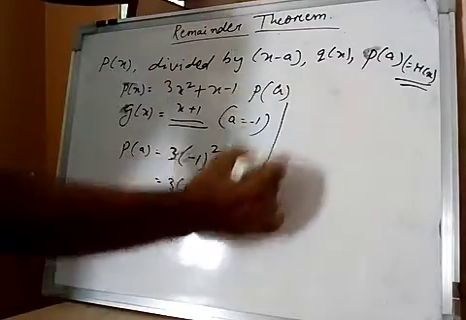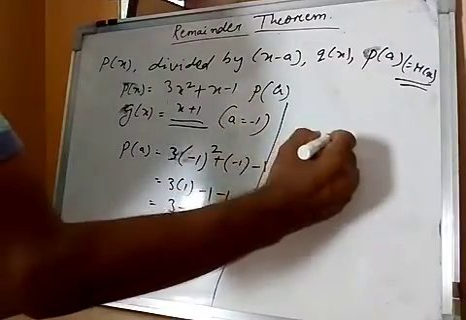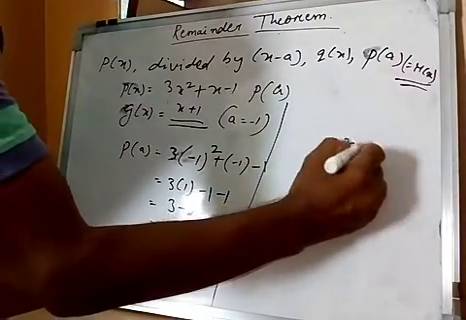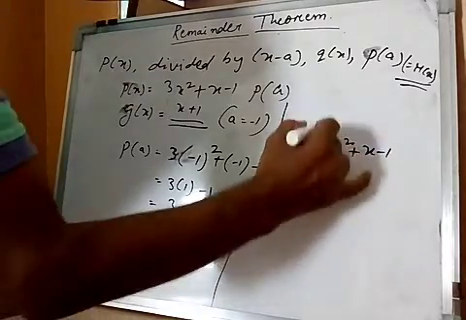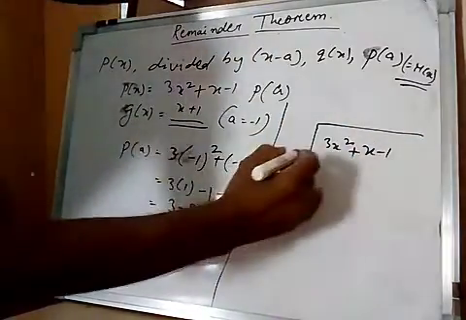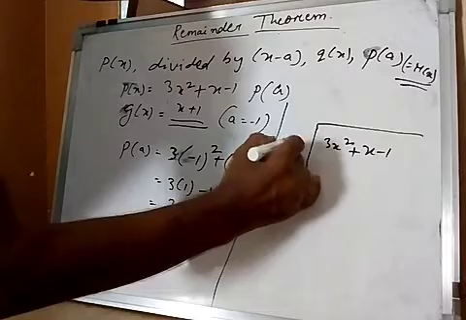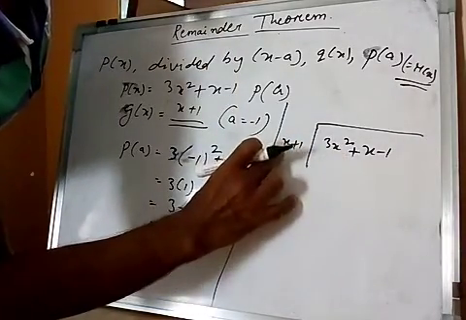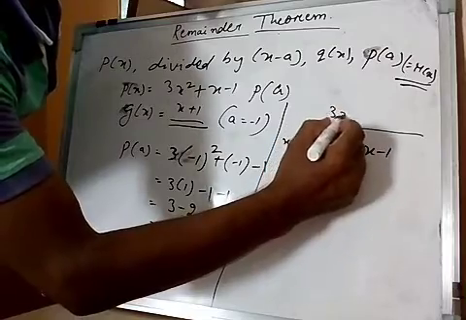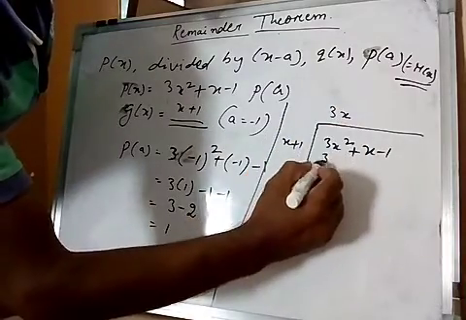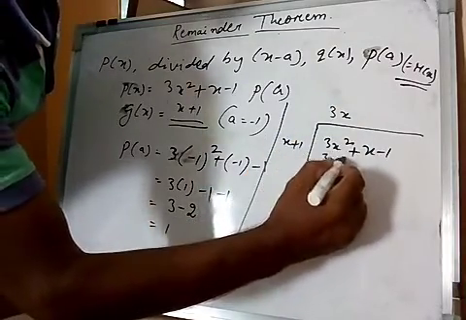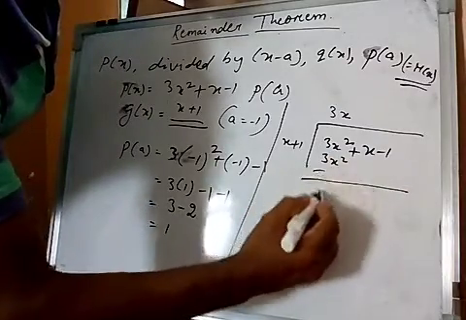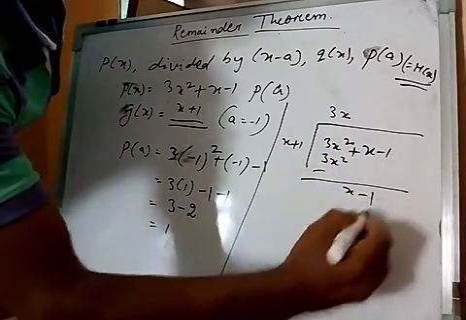If we divide this whole polynomial 3x square plus x minus 1 by x plus 1, the first term here is 3x square, and here the first term is x, so we multiply by 3x. 3 1s are 3, x into x is x square, minus then x minus 1.